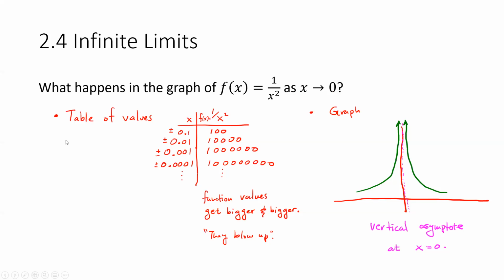So when you have a function like f of x over g of x, where the top goes to something that's not 0 but the bottom does go to 0, this is usually when the function blows up.